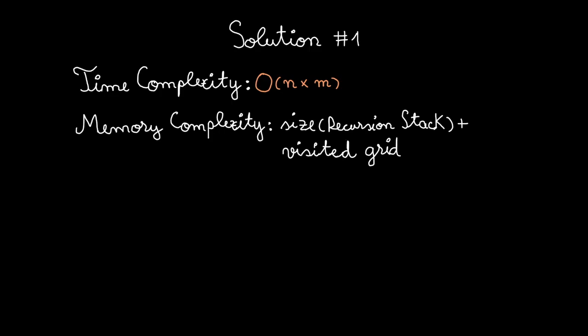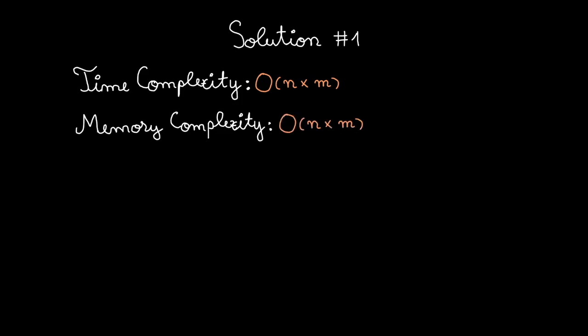The extra matrix is not a problem because, as we have mentioned earlier, you can mark these cells as visited by directly altering the input grid. But even with that optimization, the memory complexity is still big O of n times m. And this is because our approach is recursive and the size of the recursion stack is n times m in the worst case scenario.